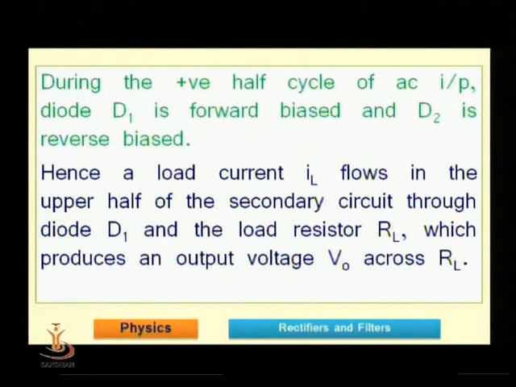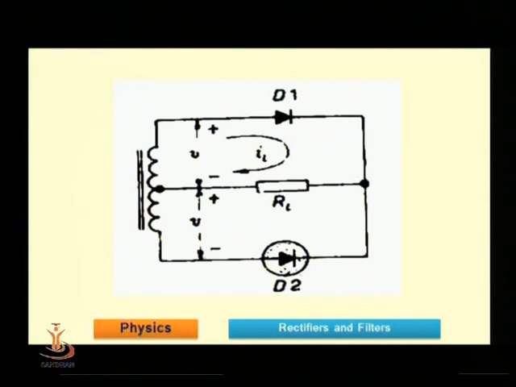During the positive half cycle of the AC input, diode D1 conducts and D2 is reverse biased. Hence a load current IL flows in the upper half of the secondary circuit through diode D1 and the load resistor RL, which produces an output voltage V0 across the load. So this is the center tap type of configuration, where D1 conducts because it is getting the positive pulse, and D2 is not conducting because at the bottom side a negative pulse is applied to the diode.